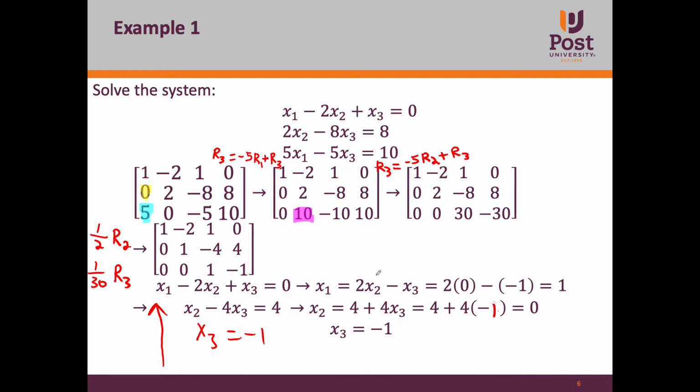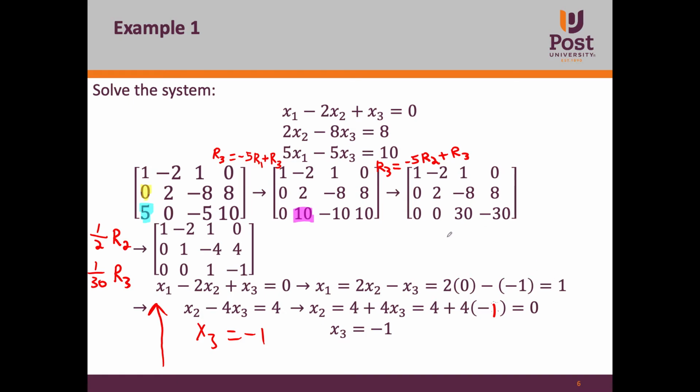And then for the top equation, we could solve this one for x sub 1. This will be x sub 1 is equal to 2 times x sub 2 minus x sub 3. This makes 2 times 0 minus -1. This gives us a positive 1.